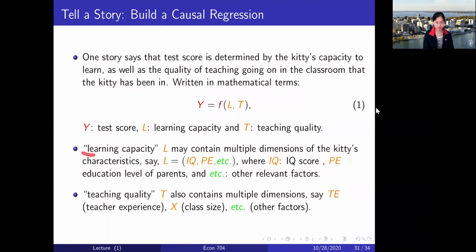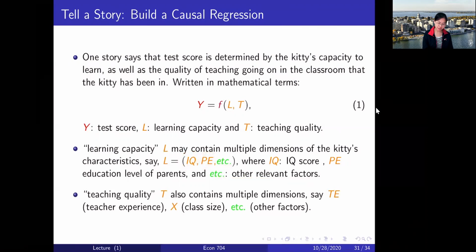Suppose you can measure learning capacity by multiple dimensions of the kitty's characteristics. So we can measure learning capacity by, say, IQ, parents' level of education, as well as other relevant factors.